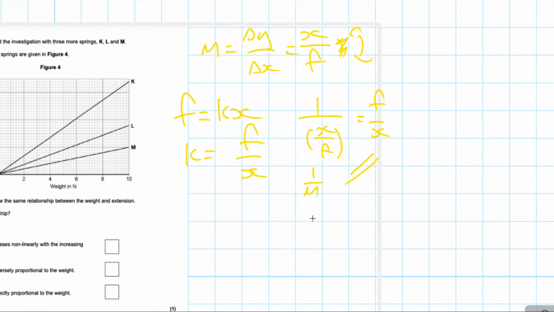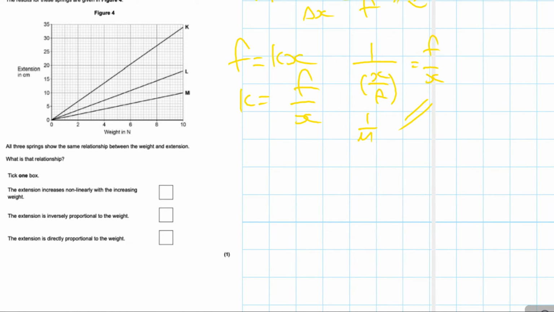So therefore, this is going to be the smallest gradient, so a small m. So 1 over a small m is equal to a big value. So 1 over small m will give you a big value.